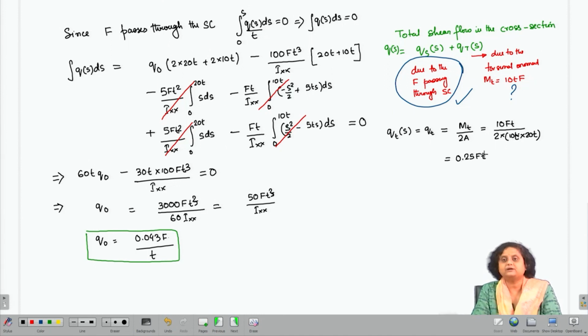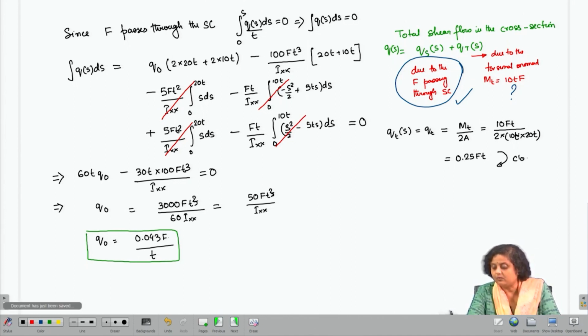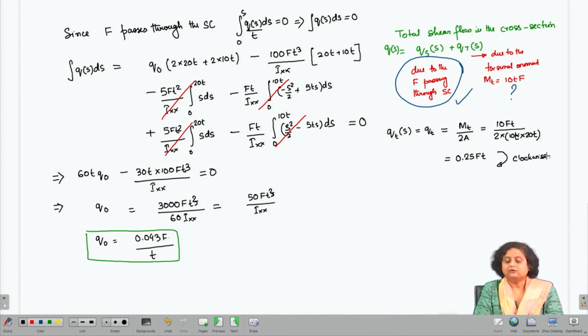And in which direction is it going to be? It is in the direction of the torsional moment applied. So, it is going to be in this direction, or clockwise direction. Now, the Qs that we have found out, if you remember, we have taken S to be in this direction.